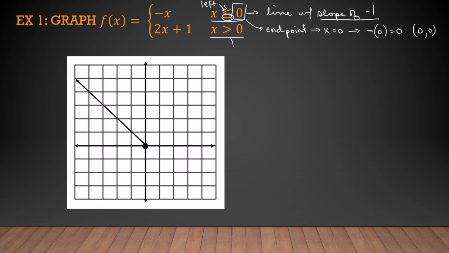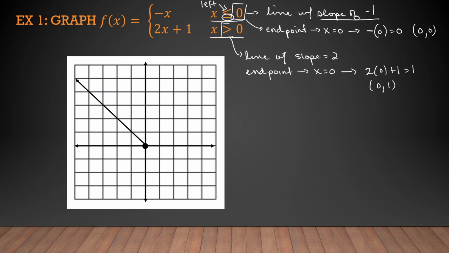Okay, so then we're going to go to the next piece, and it is also a line, but it has a slope of 2. I'm going to take its endpoint at x equals 0. That'll be 2 times 0 plus 1, which is 1. So I will plot the point (0, 1). Now there's a difference here, though.